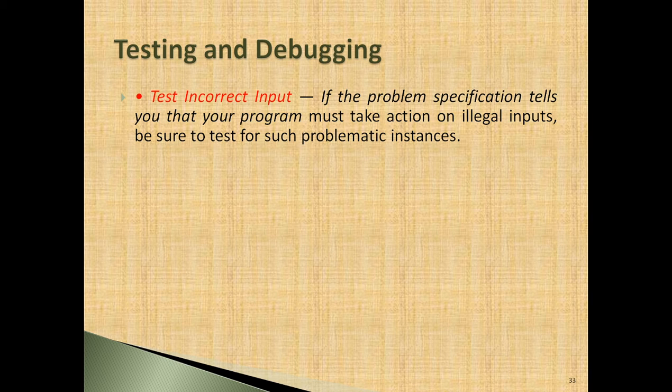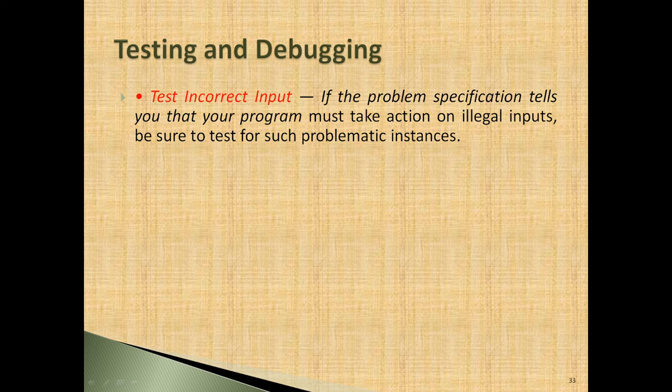Next is test incorrect input. While you are coding, before submission you need to check the correctness of your input. If the problem specification tells you that your program must take action on illegal input, that means the inputs are specified as numbers only.